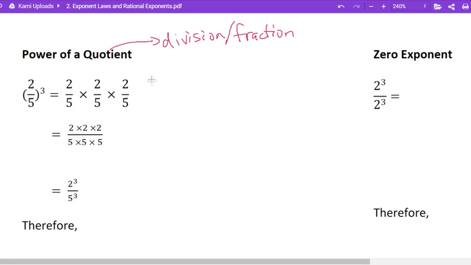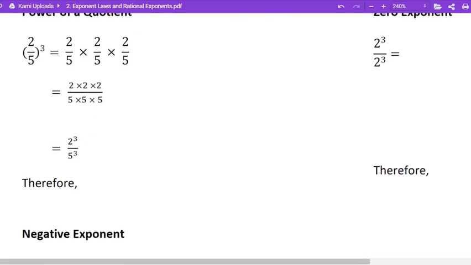And we just write it out 3 times. And that essentially means 2 to the power of 3 and 5 to the power of 3. And so what we're saying here is if I have x over y to the power of w, can you simplify? Can you remove the brackets?